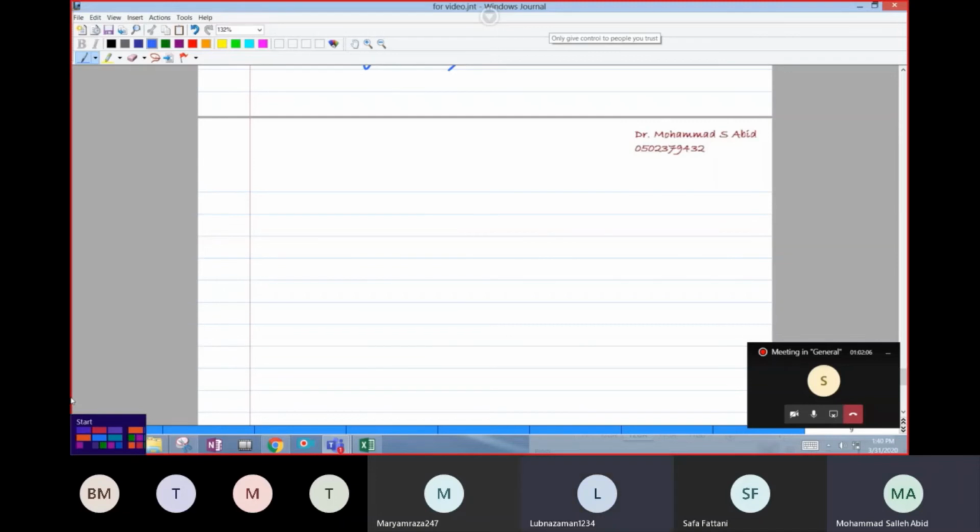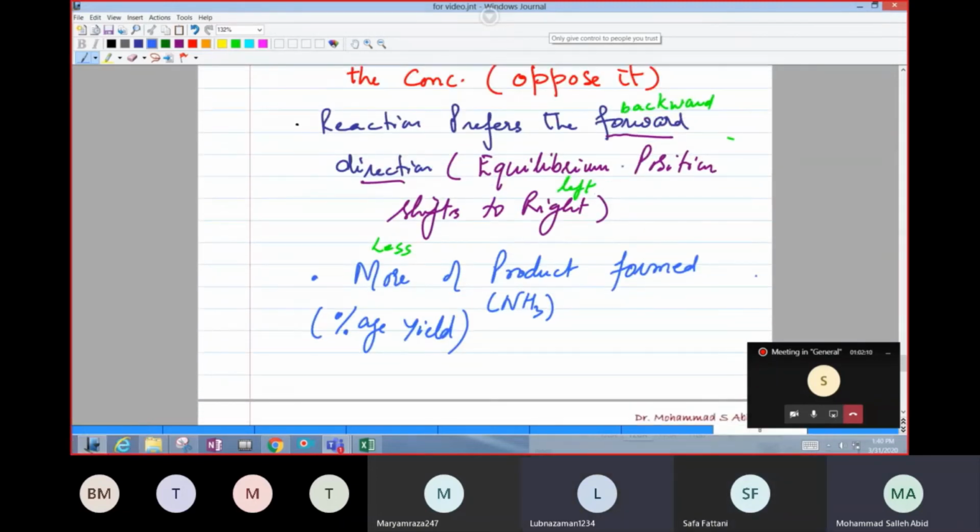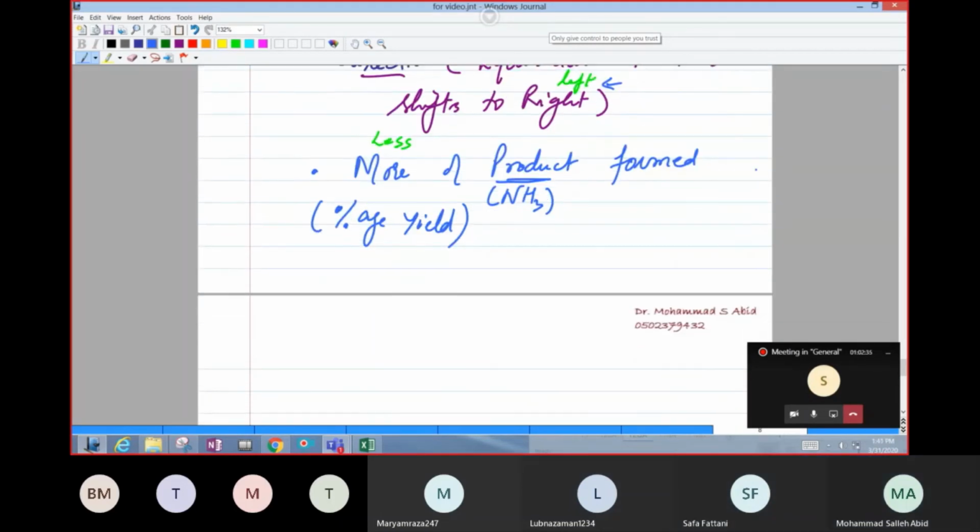Like for example, in this case also, over here I have said the reaction prefers the left direction. I'm not saying the reactants have increased. I'm still talking about the products only. Okay, so you're just saying everything in terms of product. Yes, because our aim was the amount of product. Our aim is how much of product is formed. Our aim is not the reactant. Clear?